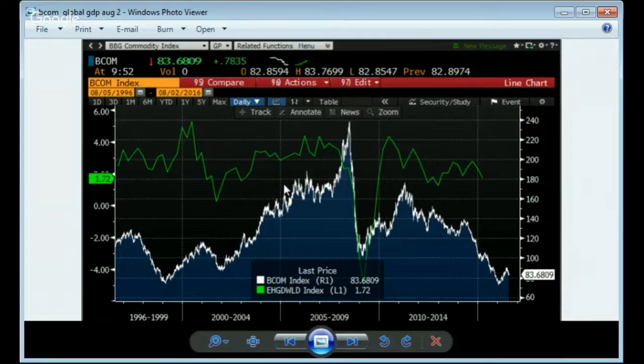So, we have commodity pricing and commodity levels on the Bloomberg Commodity Index falling to lows actually not seen ever before. Is this because the world economy is collapsing?